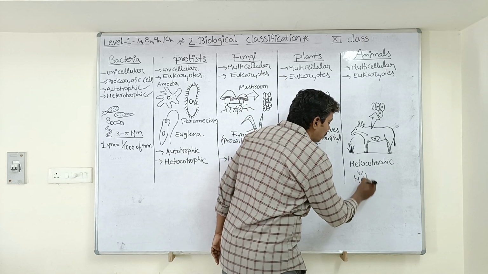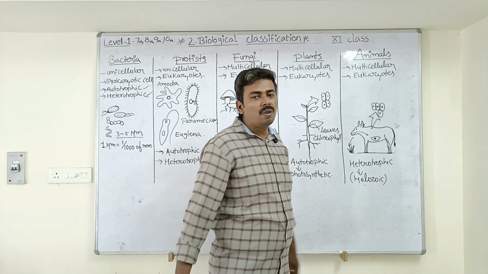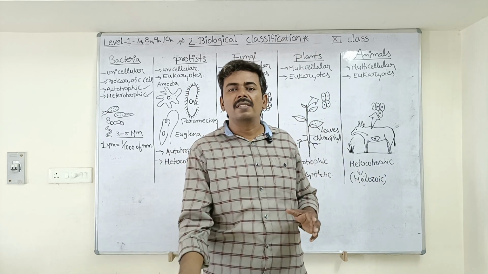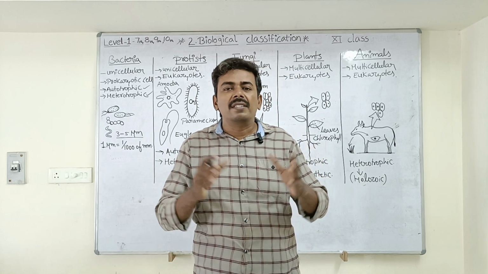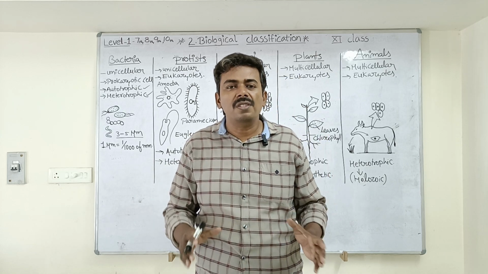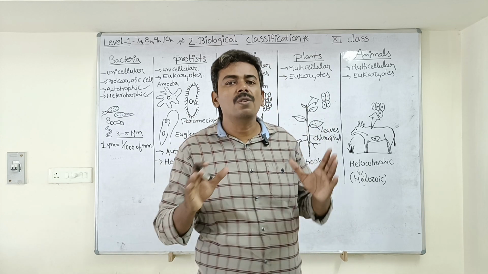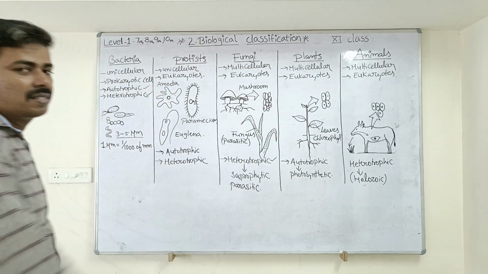What is the term? Holozoic. Under heterotrophic, holozoic type of nutrition is seen. That means the food is completely consumed. So inside the body the food gets digested. So this type of nutrition is called holozoic. Animals show heterotrophic holozoic nutrition. Come on students, copy down this.